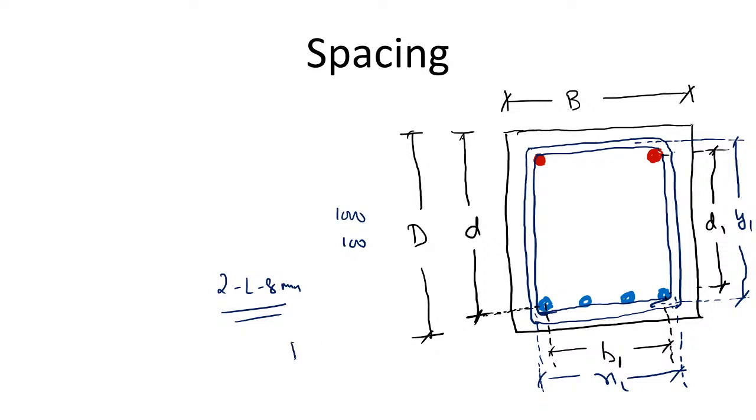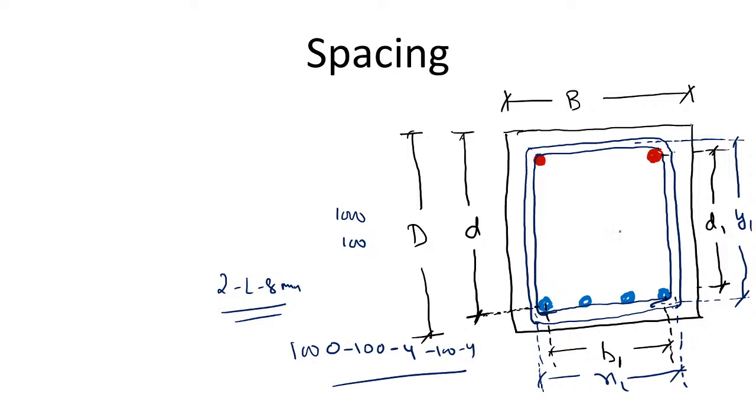What is the value of y1? So it will be, sorry, 1000, overall D is 1000 minus 100 minus 4. Okay, so this is from one side, and similar thing we have to subtract from the other side, minus 100 minus 4.